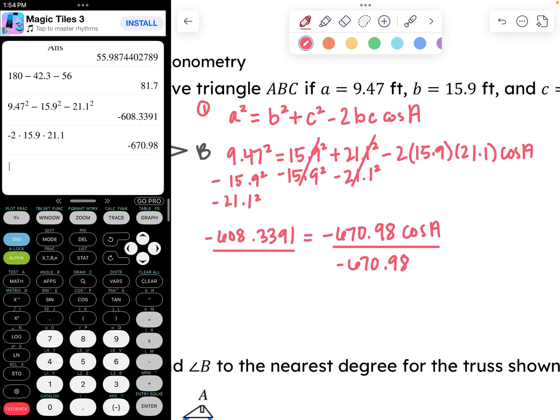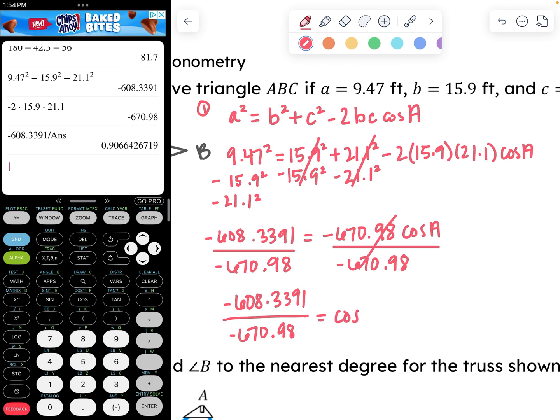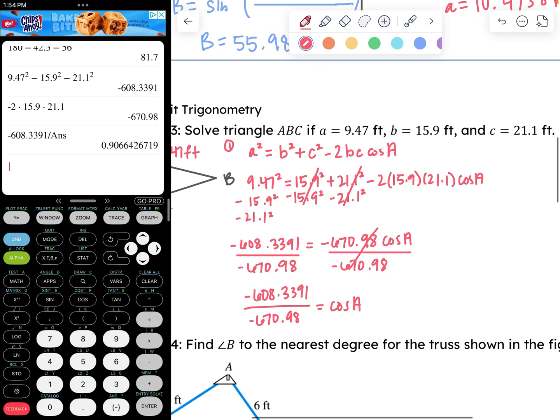I'm going to divide both sides by that negative 670.98. So the negative 608.3391 divided by, and I can hit second answer to save myself some typing in. Ooh, that gets me not a pretty decimal, so I'm just going to leave that fraction when I write it. And then to get A by itself, I need to take that inverse cosine. So I'm going to say A is equal to the inverse cosine of that fraction.